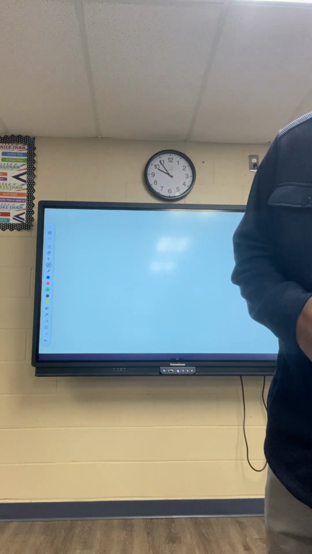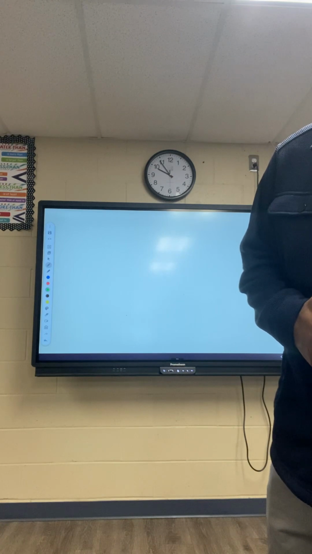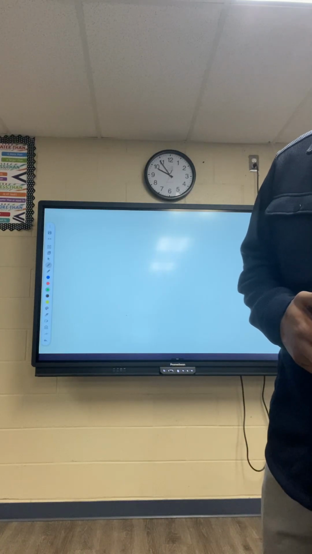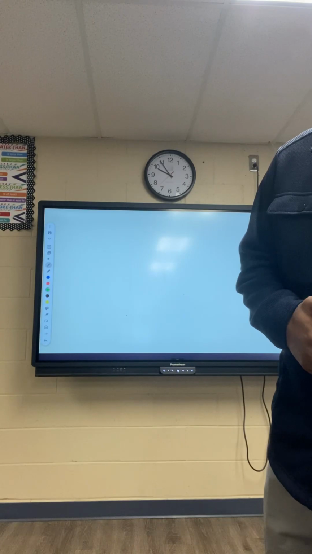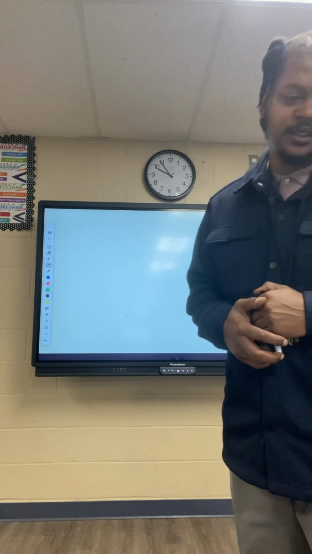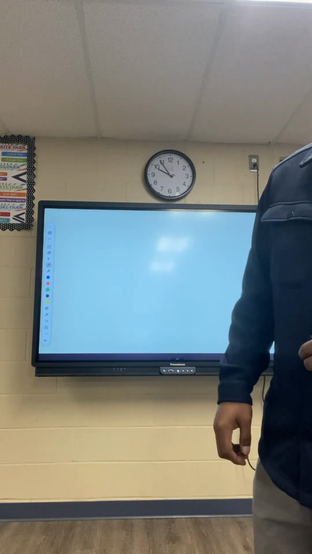Problem set tonight, it says use models to prove that 3 open parentheses A plus B close parentheses is equivalent to 3A plus 3B, okay? So I'm gonna write these on the board, and no, I'm not gonna draw the model because I believe you guys are capable of doing this. So I'm just gonna show you how they're equivalent, and then you can draw the model, okay?